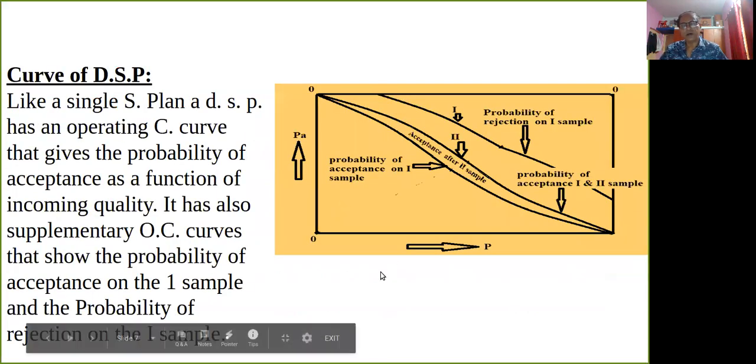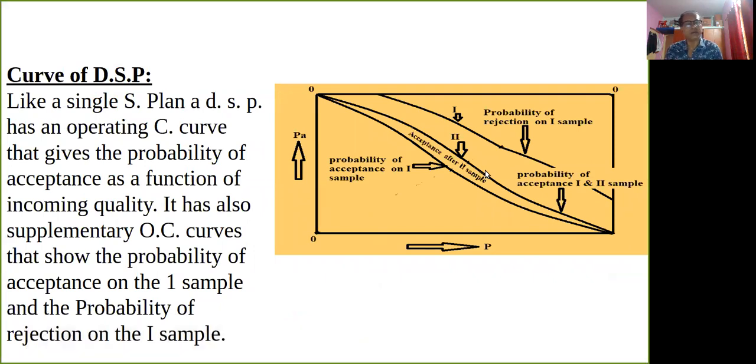Now we'll look at the curve for the double sampling plan, exactly how it will be. Like a single sampling plan, a double sampling plan has an operating curve. It is also called the OC curve for the double sampling plan, which gives the probability of acceptance as a function of the incoming quality.